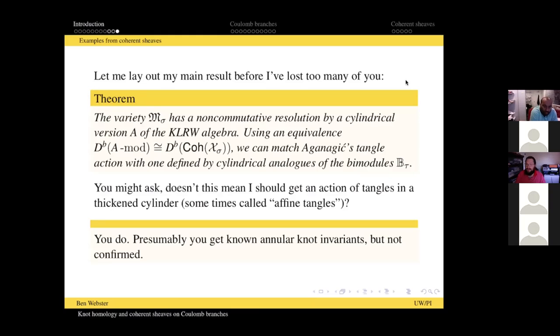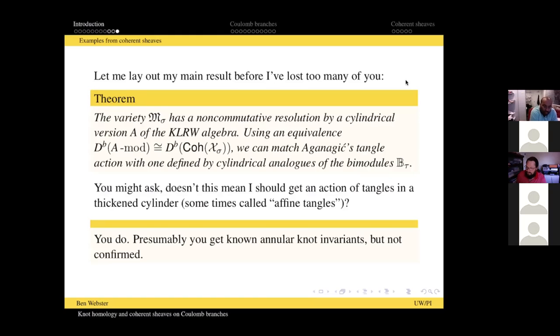I instead am looking at a non-commutative resolution of the same variety. So a non-commutative algebra whose representations behave like coherent sheaves on a resolution of this variety. This is going to be an algebra like the one I had before, all the same local relations, but instead of being drawn in a plane, they're drawn on a cylinder.